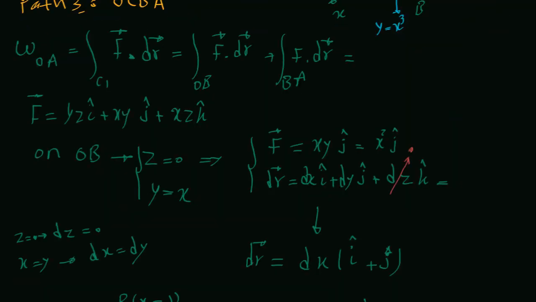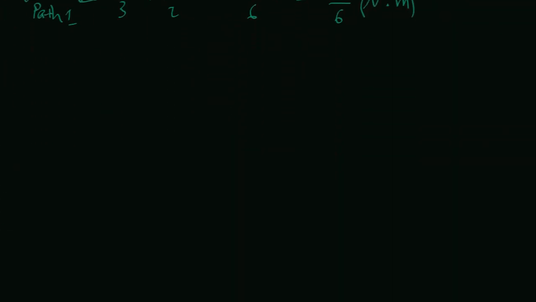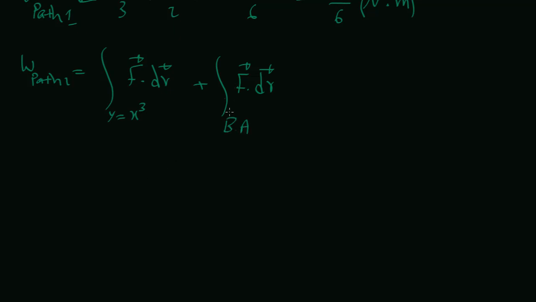So W path 2 is basically equal to the integral of F dot dr on the curve path, where y equals x cubed, plus F dot dr on the BA path, which we calculated.